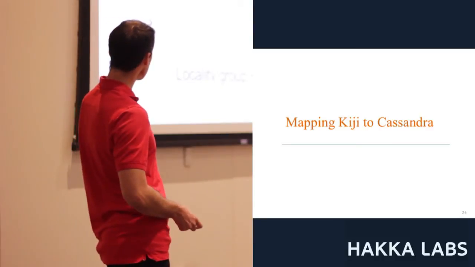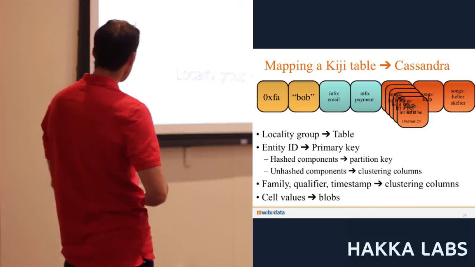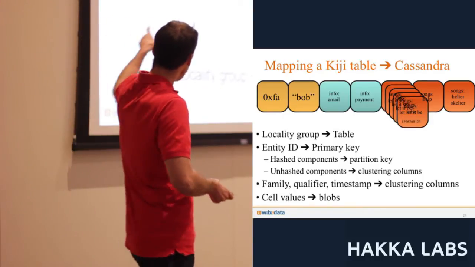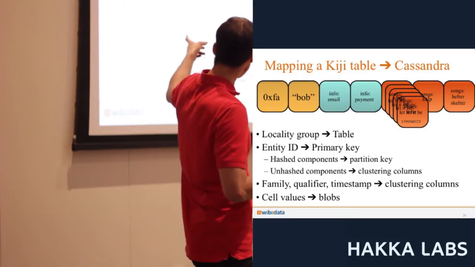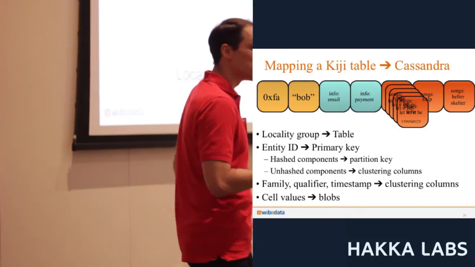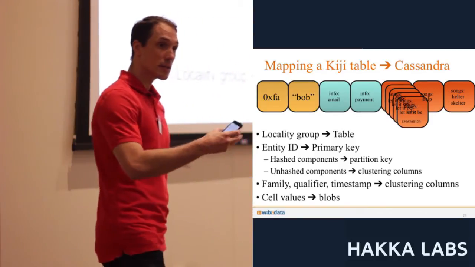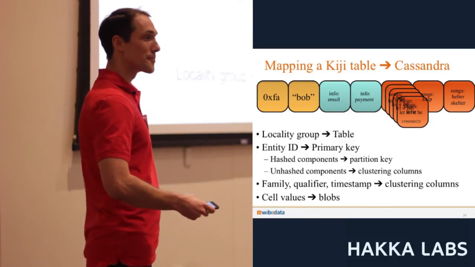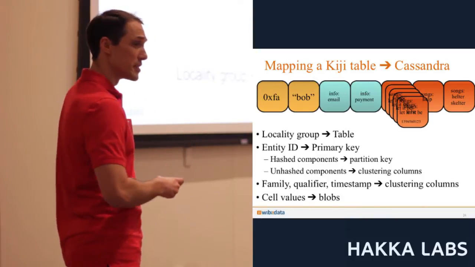So we chose to map these locality groups to tables. And as I go through how we map the Kiji data model to Cassandra, here on the bottom I have the CQL for building a Cassandra version of a Kiji table, just to illustrate what I'm talking about a little bit more. So for every locality group, we're going to build a separate table.